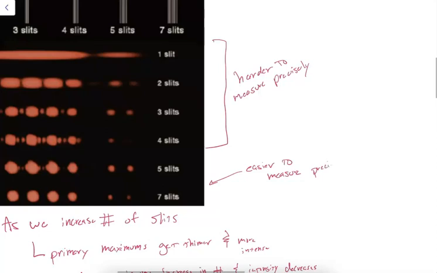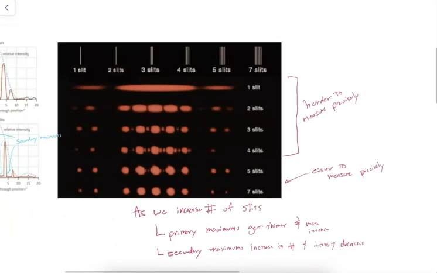This becomes very important as we observe different wavelengths of light passing through the same diffraction grating, because we know that the angle at which a wavelength diffracts through some slits depends on the actual value of the wavelength. So if we have different wavelengths passing through, we're going to see different intensities at different positions. The thinner they are, the more defined they will be, and the more we can separate them, and we can start resolving different wavelengths.